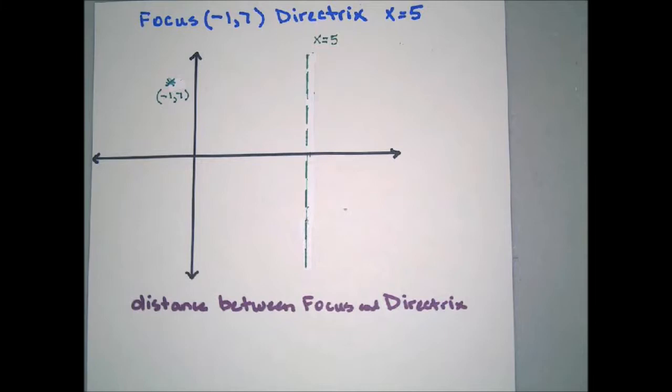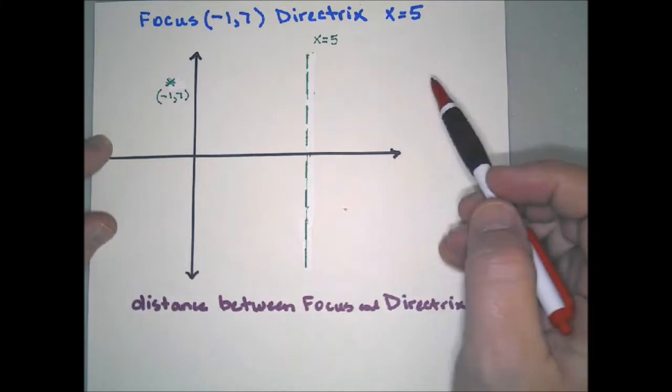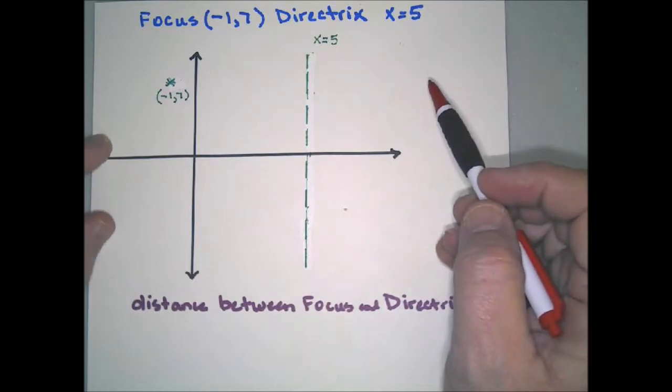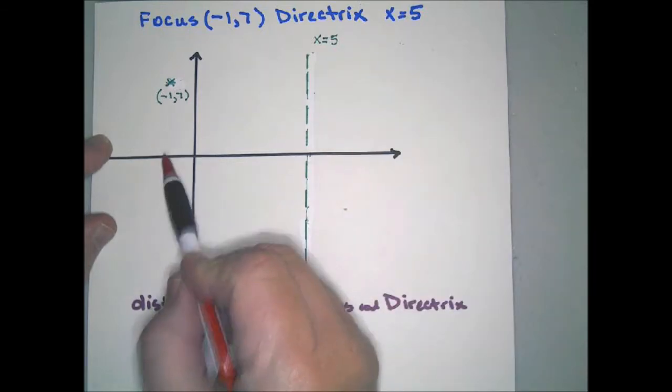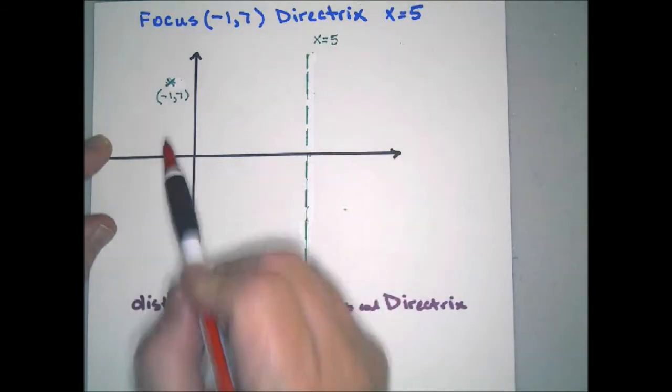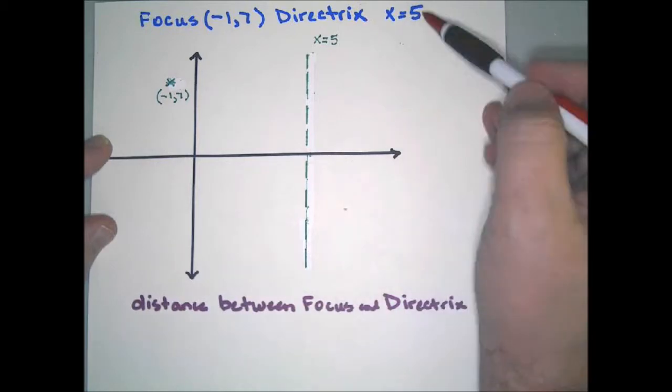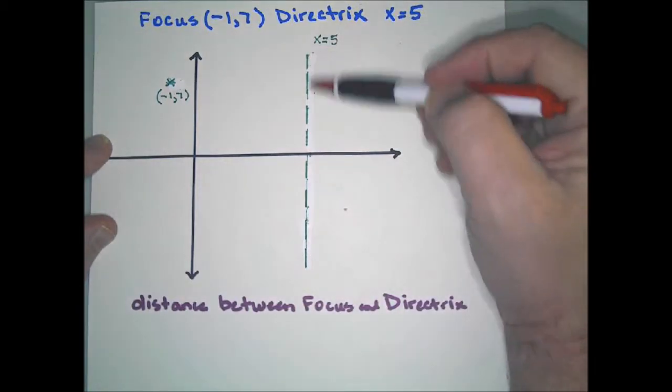There are a lot of relationships you have to discover on your own, and then you have to understand what those relationships mean. So, here we have a problem where the focus is at negative 1, 7. So you see I already marked it, negative 1, positive 7. So there's where the focus is, and the directrix is at x equals 5.